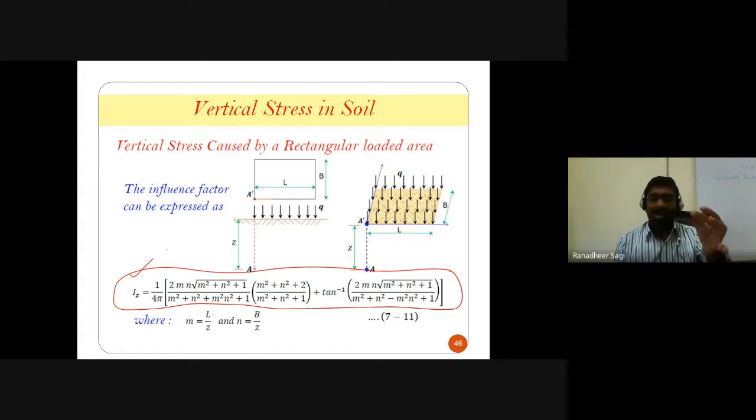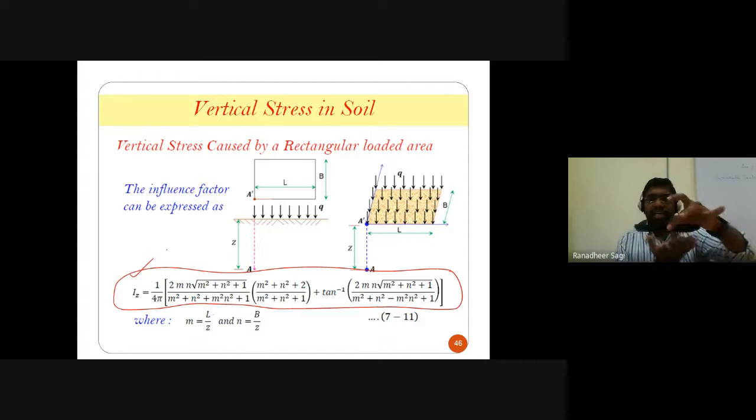However, if I am interested in calculating the increment in vertical stress at a depth of, let's say, 3 meters below that loaded region, but the point I am choosing is not falling at the corner point projections, it's somewhere in between the corners, in such a case, what should I do? Or at the center of the rectangular loaded region, at any depth, if I want to calculate how much is my vertical stress, then how should I find it out?